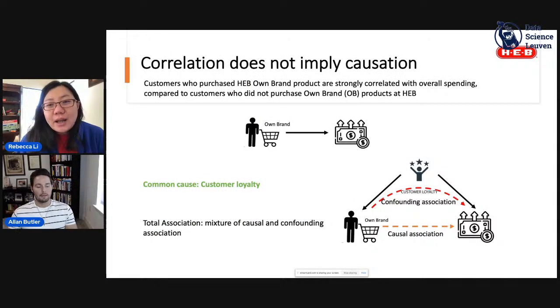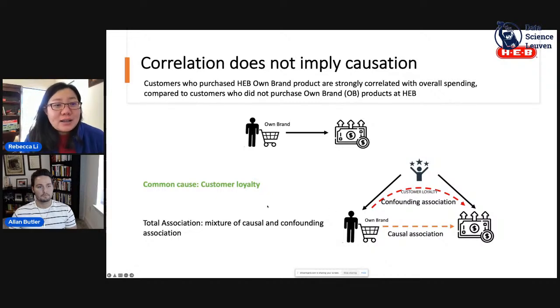Another concept I would like to call out is correlation. I believe everyone here knows correlation doesn't imply causation, and I still would like to use HEB customer purchasing behavior as an example to walk through it. At HEB, we noticed that own-brand product customers are spending more at HEB compared to the customers who didn't purchase own-brand products, which means that own-brand purchase is more strongly correlated with overall spending. However, we cannot draw the conclusion that own-brand products drive future customer value.